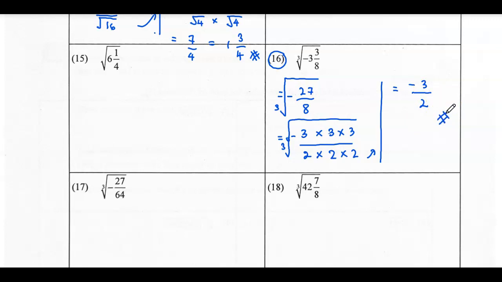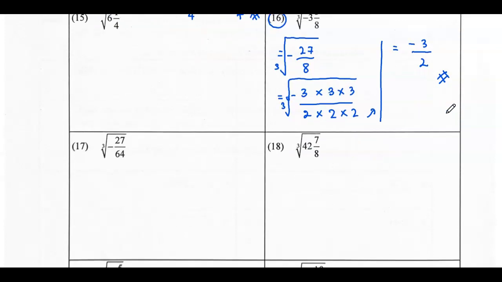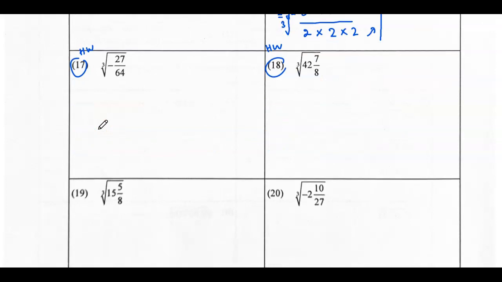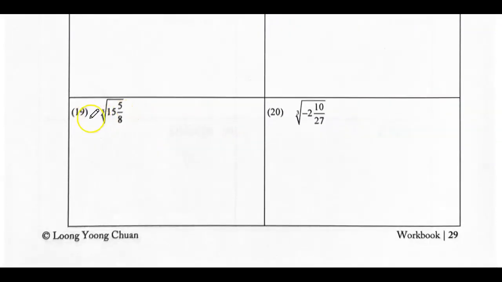As simple as that. Now you may try to do question number 17 and also question number 18. I'd like you to try and send it to me. Copy the number of the questions and then the question itself, and then you can write down the answers.